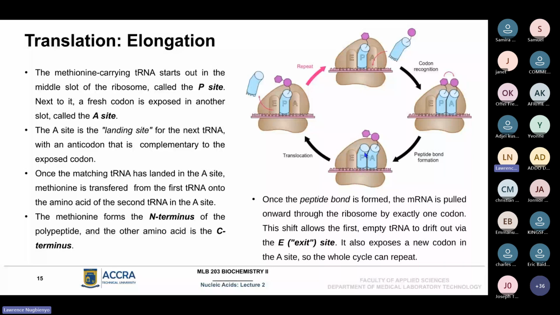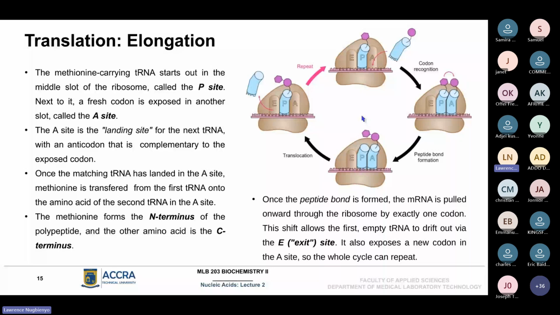And so when there is the shift, this transfer RNA now goes into the E site, the exit site. And from the exit site, you see it leaving the complex to go and bring another amino acid. And the process is repeated over and over. Transfer RNA is bringing amino acids, and the process continues on and on and on.